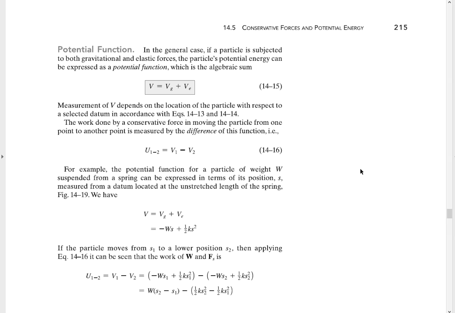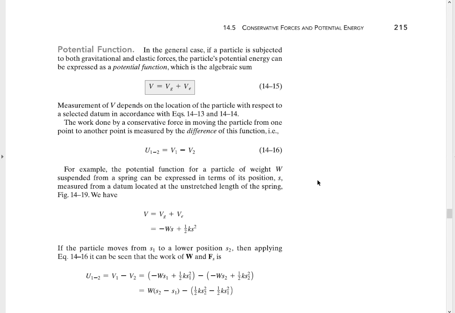Now we can define what's called a potential function in systems where there's both gravitational potential and elastic spring potential. And by the way, there are other conservative forces than gravity and elastic springs. There are electric fields, magnetic fields.